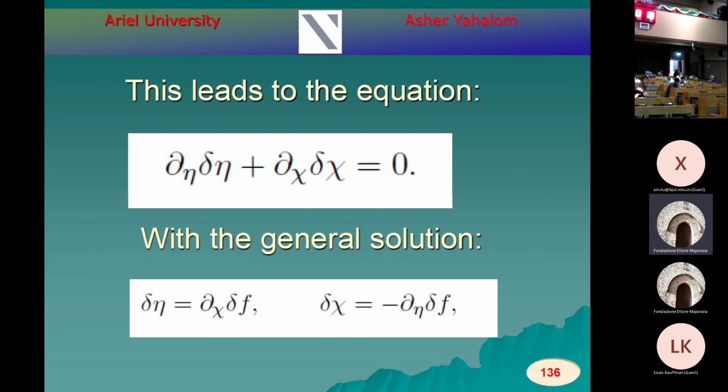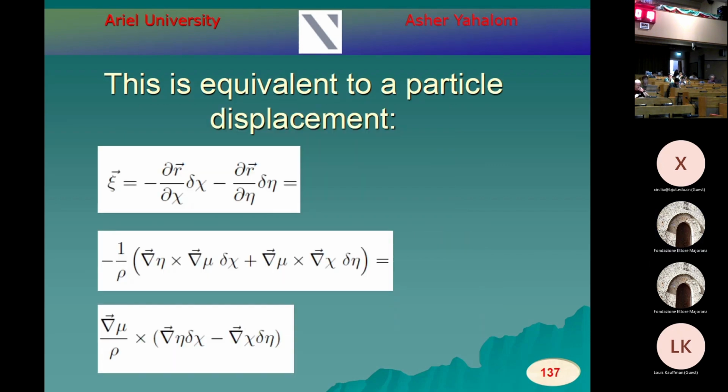Okay, the symmetry equation leads to this form, and the solution to this is well known. And you calculate psi for this symmetry transformation, and you get this.